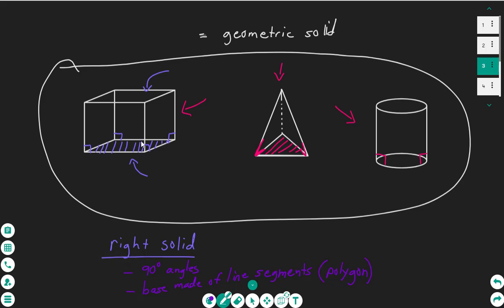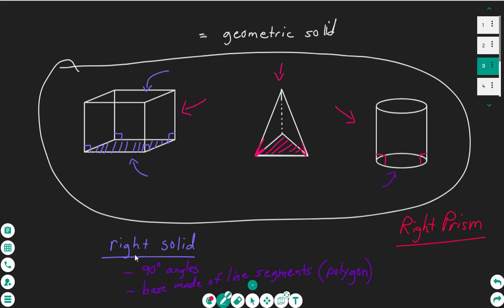All right? So this base certainly has line segments. It is a polygon. This one over here, though, is not a polygon. The base has curves to it. So not a polygon, so we have to give this another name. Instead of calling it a right solid, we're going to call it a right prism. So this is an example of a right prism.